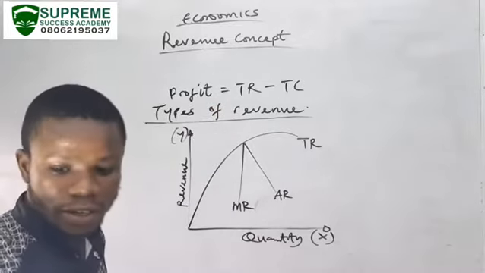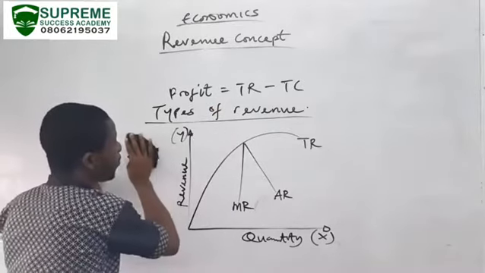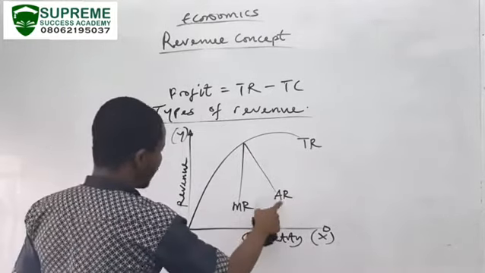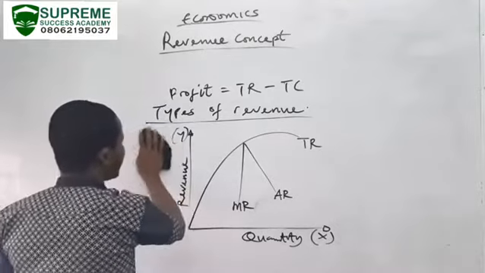So this is all about the types of revenue: the total revenue, the average revenue, and the marginal revenue.